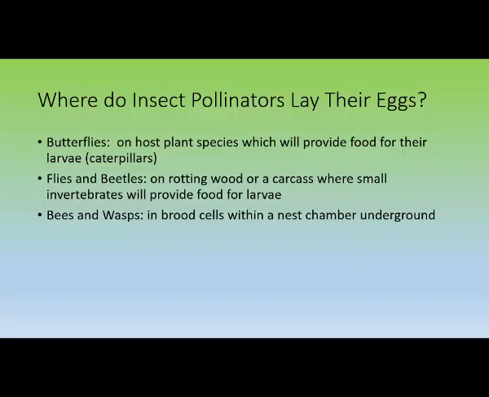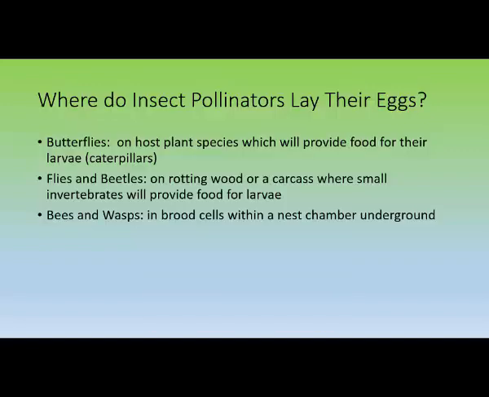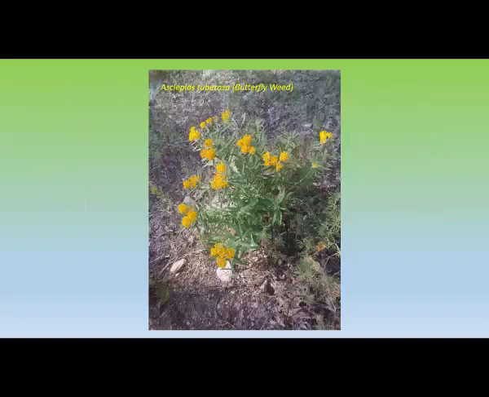It could be underground, it could be in a tube, it could be a nest chamber of an old rodent or something like that. But by knowing where these pollinators lay their eggs, you can start to think about what things you can do to attract pollinators that are looking for a place to lay their eggs.